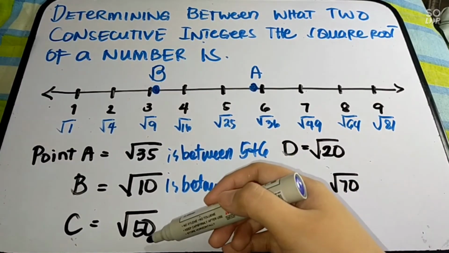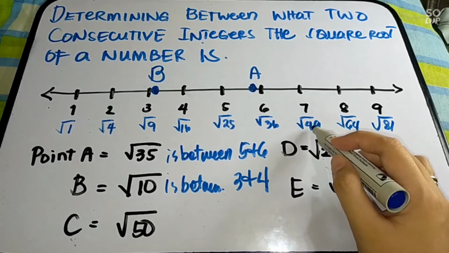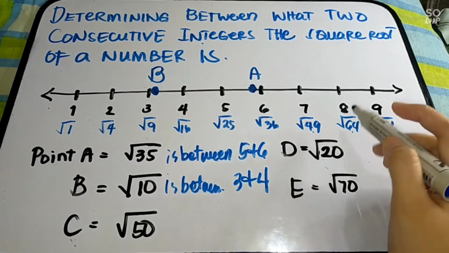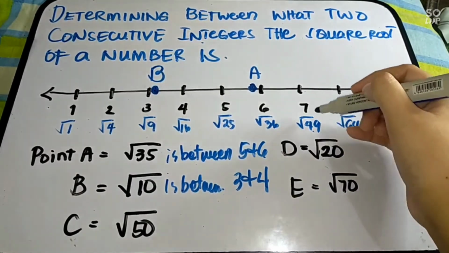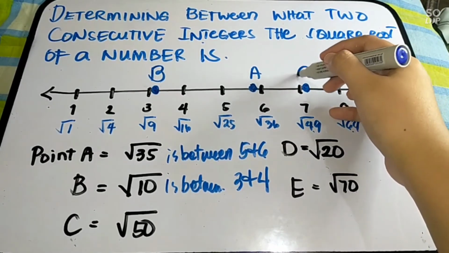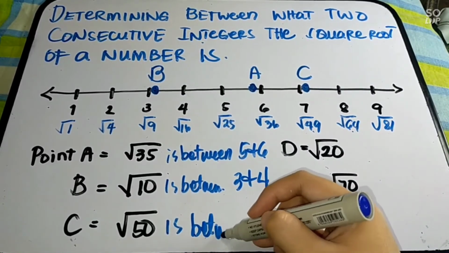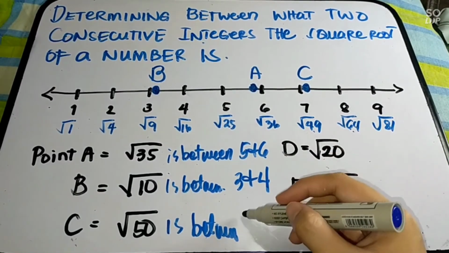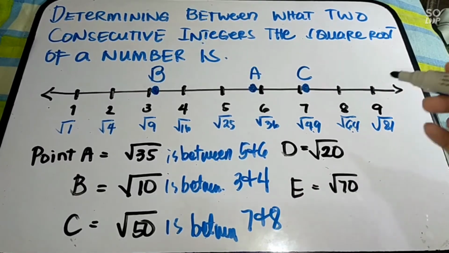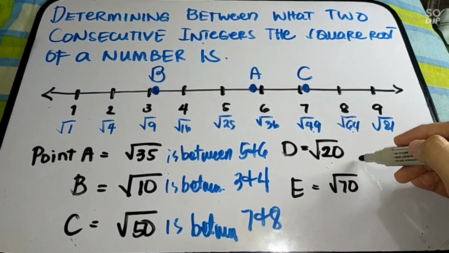Next tayo, square root of 50. So, hanapin dito, square root of 50, pinakamalapit. We have this one, square root of 49 and 64. Since pinakamalapit siya kay 49, so nandito si square root of 50. That is point C. So, this is between 7 and 8. Then, next tayo, letter D, point D, square root of 20.